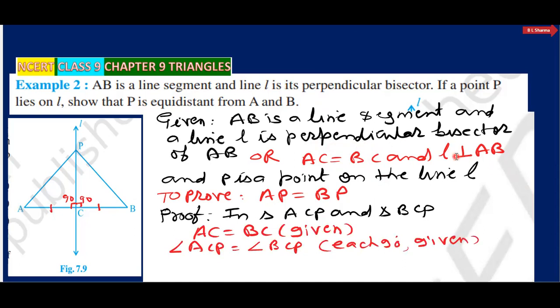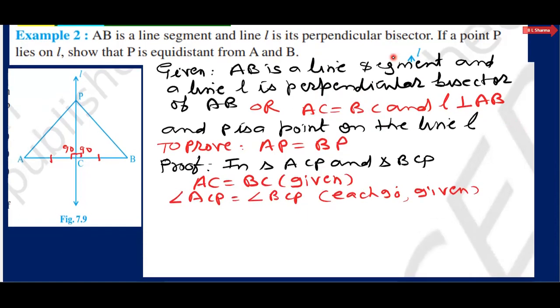Perpendicular means making 90 degree, ये भी हमें दे रखा है. And third point is PC is PC. This side is common. देखिए ये PC इस ट्राइंगल ACP का भी साइड है, और ये PC BCP ट्राइंगल का भी, मींस कॉमन साइड है.